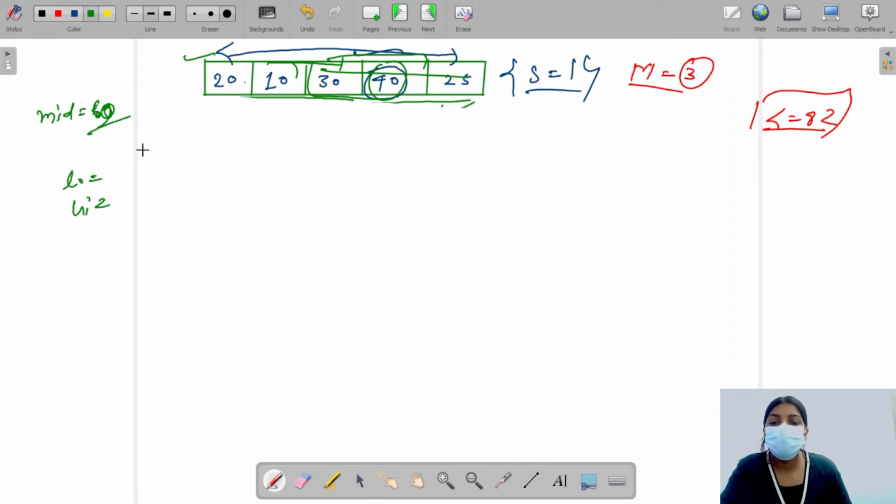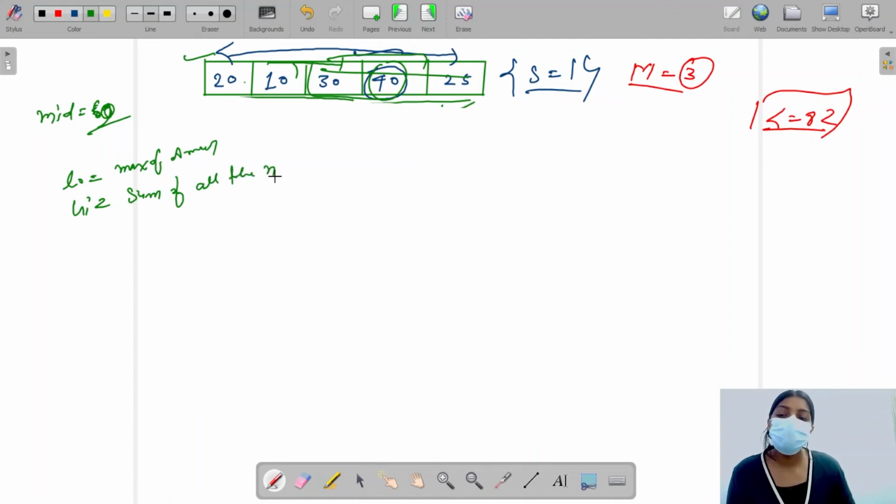Initially my low will be equal to the maximum of my array, and my high can be equal to all the number of pages that my students have to read, that is the sum of this array. Because it cannot go higher than this. Our student cannot have to read a number of pages greater than the sum of all the pages, right?